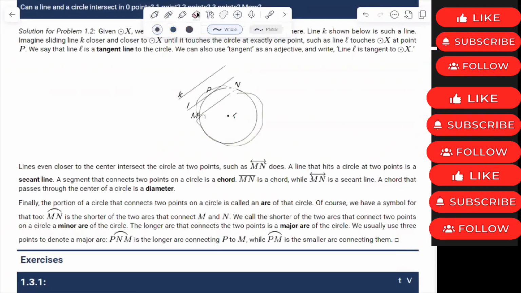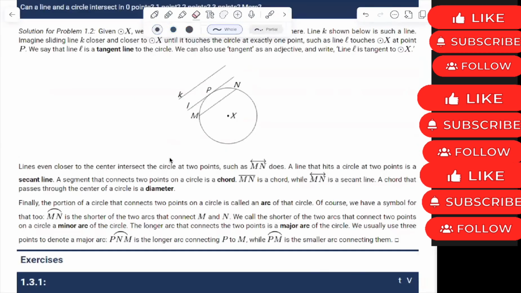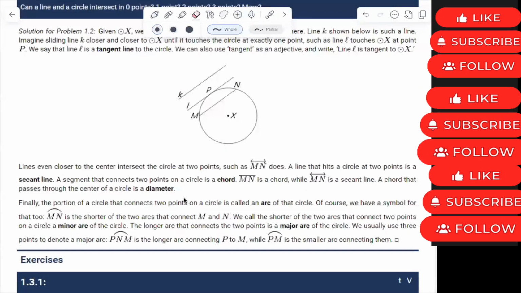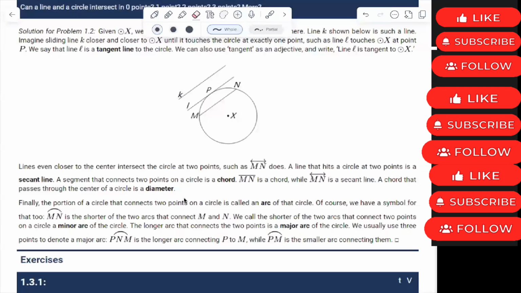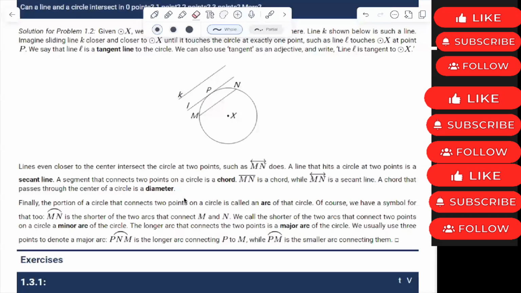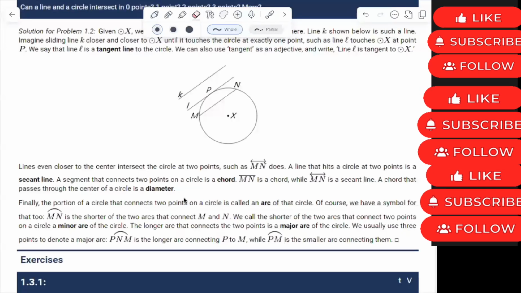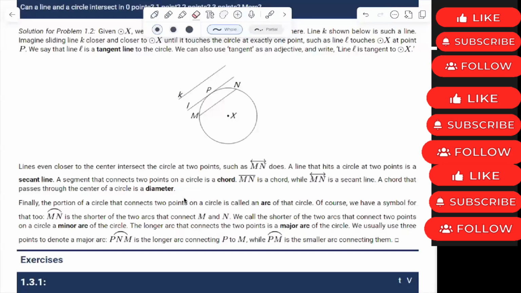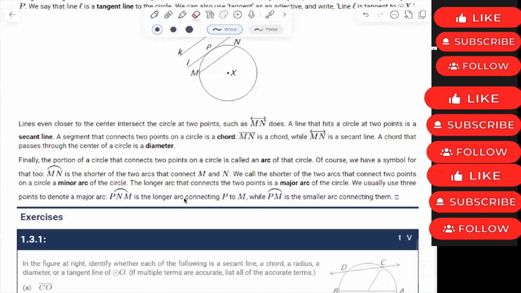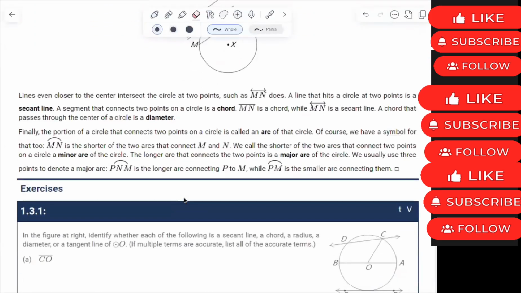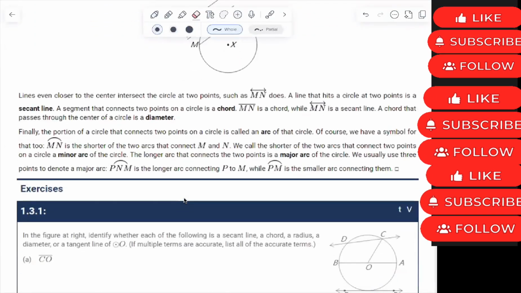Basically, what the points separate it into, right? Now we have a diameter, which is basically the circle's total span or width, you could say, right? Or the largest distance or the widest point of a circle, right?